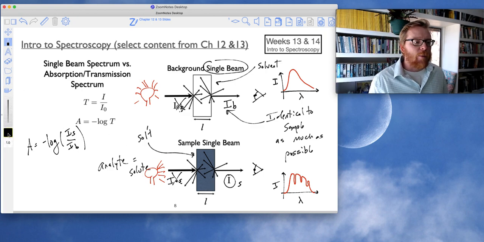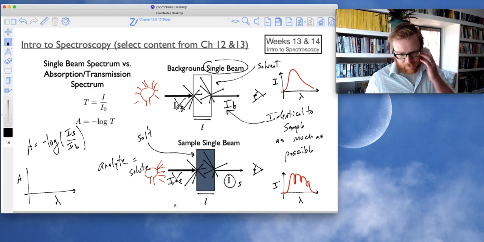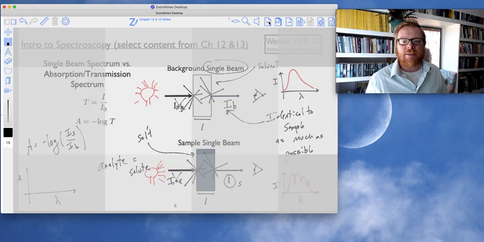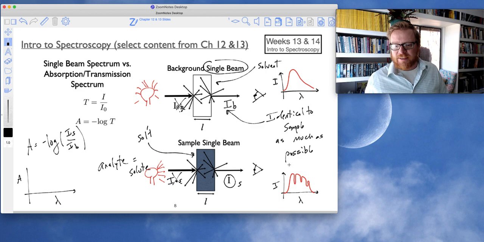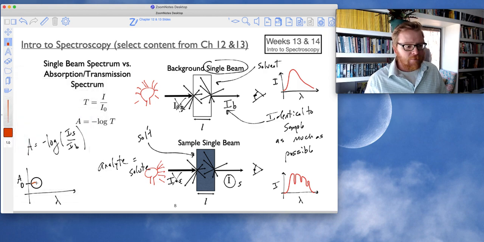And so now what our absorbance spectrum will look like, okay? So we'll have absorbance versus wavelength, right? And I already showed you in the other slides, right up here, where we take the log ratio of two identical single beam spectra, it's just going to be 0, and we'll have a flat line about the 0, right? So what that means is where our intensities are identical, so I'll put a 0 point here, we would see a 0 line, okay?